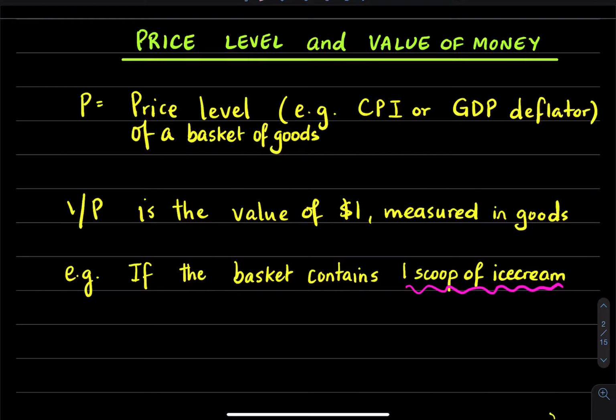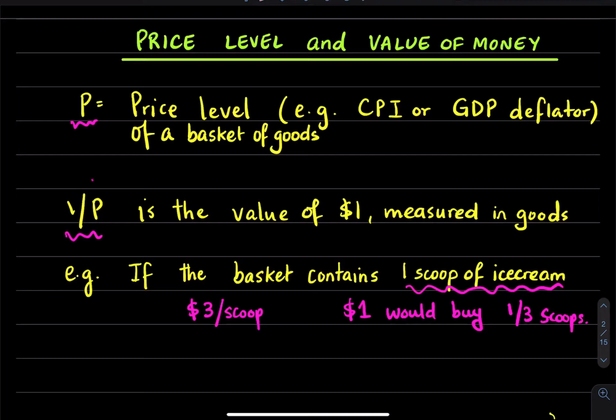Now, we said that if P is the price of that scoop, just thinking about maybe that's the only thing we're buying, then 1 over P is going to be the value of that dollar, which is measured in goods, which is to say that if the scoop costs $3, then $1 would buy 1 over 3 scoops, or a third of a scoop.